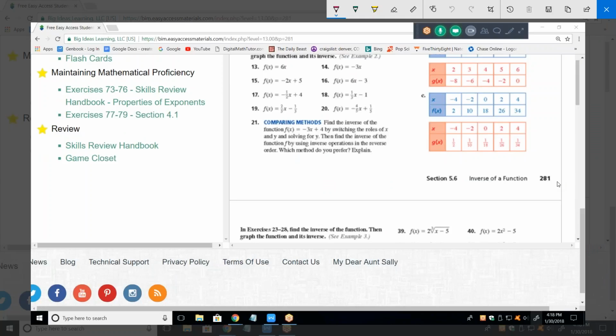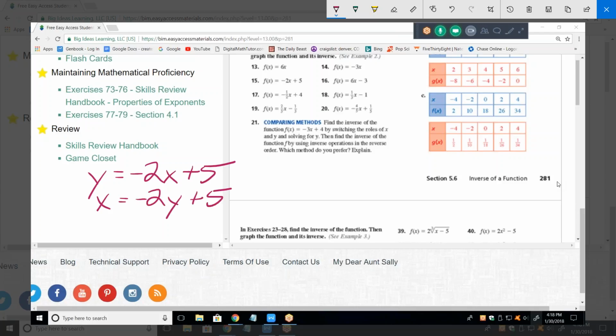Same 3 steps in every single one of these problems. Read the first 3 lines off to me. So y equals negative 2x plus 5. Second step: x equals negative 2y plus 5.